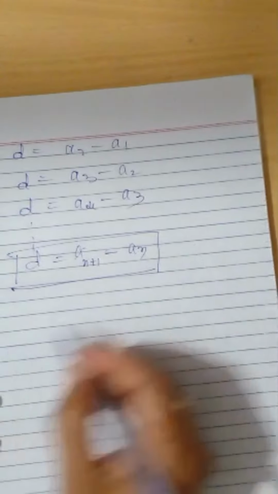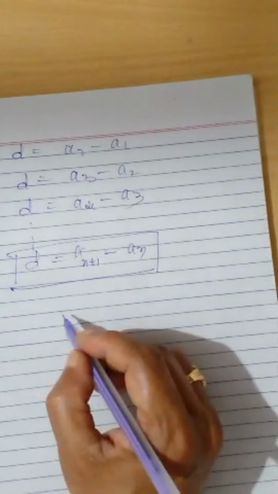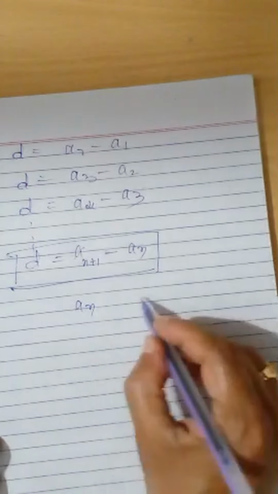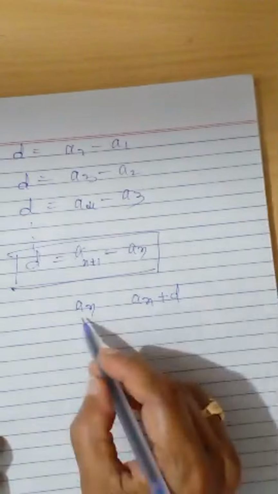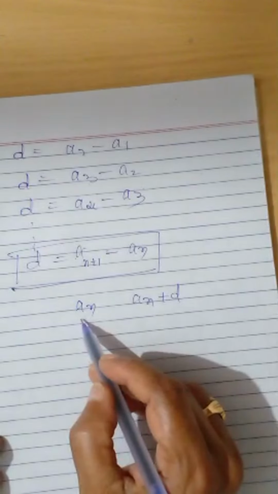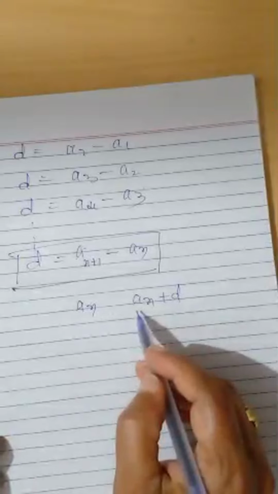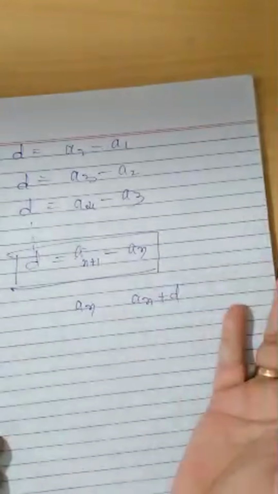Here, one more point you have to keep in mind. If you write any term a_n and you want to find the next term, the common difference is added. If you add the common difference to any term, you get the next term.